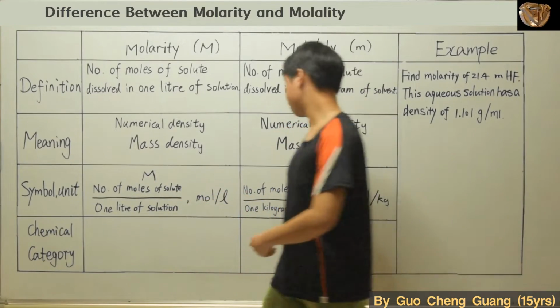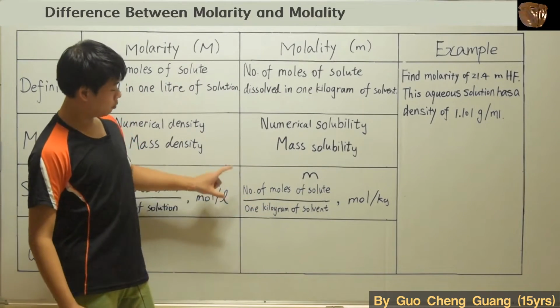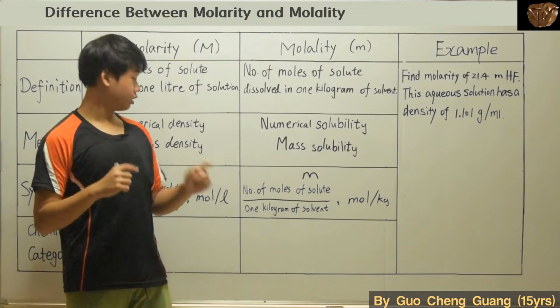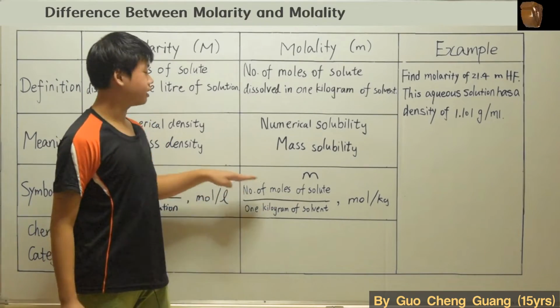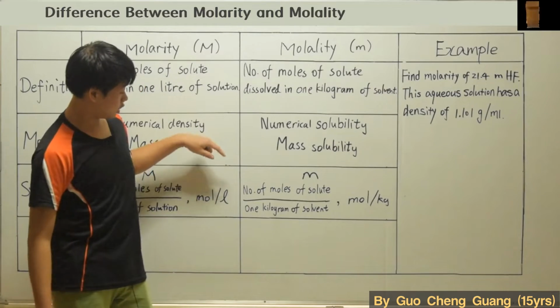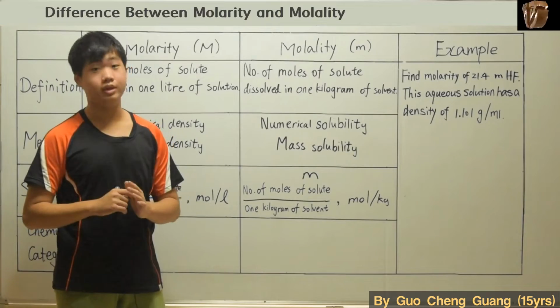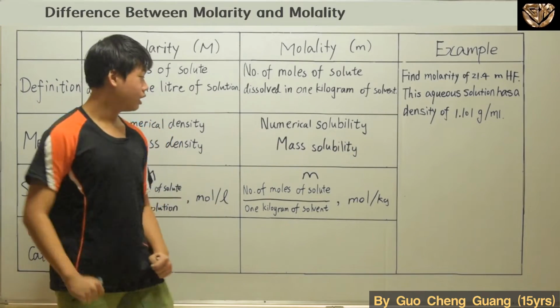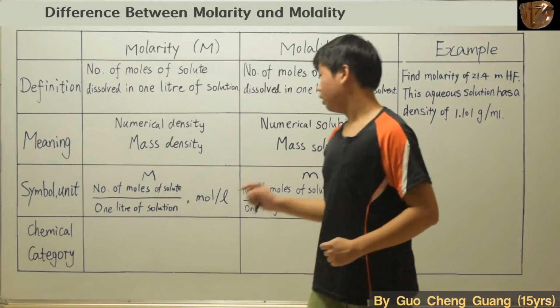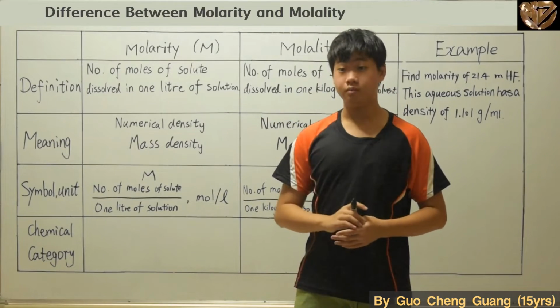The same goes for molality: you either take 1 kilogram of solvent that can have this amount of solute, or you take the overall mass and overall number of moles within the solution that you have, okay? So, as a chemical category, both of these can be put in.